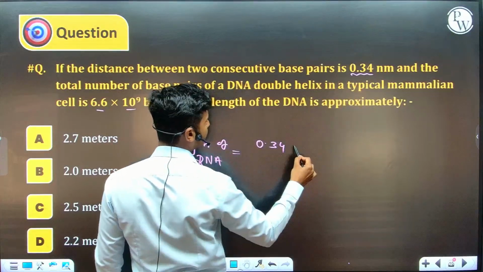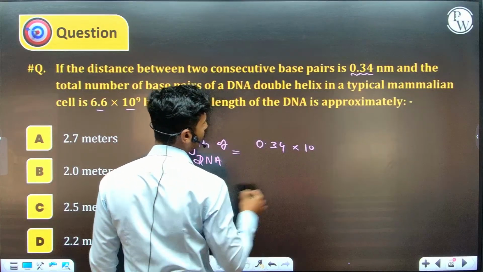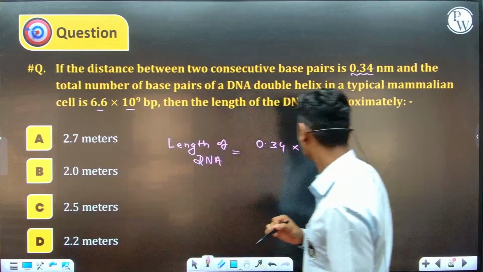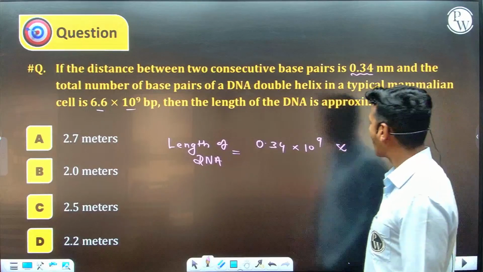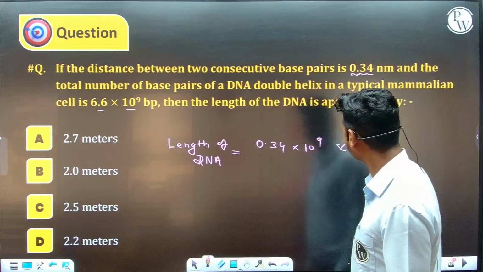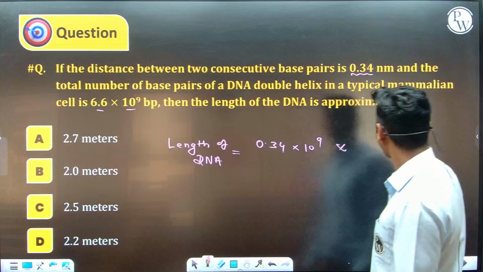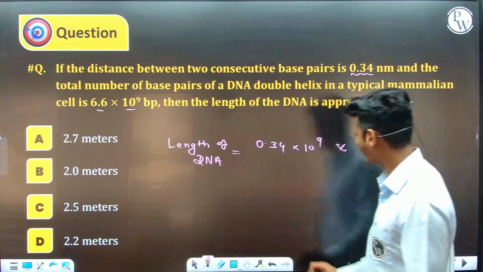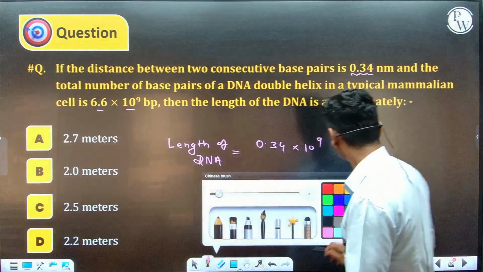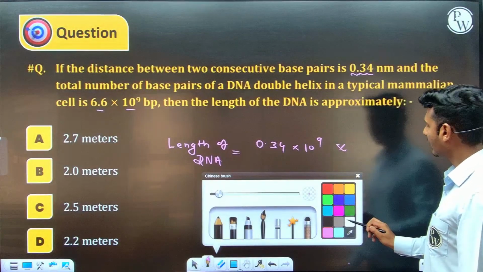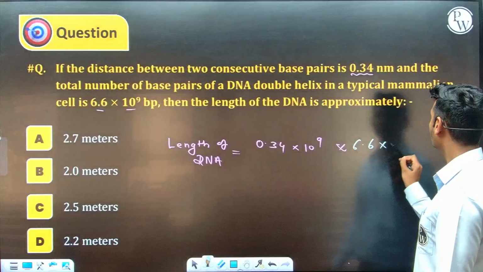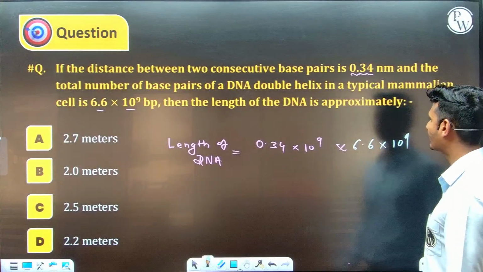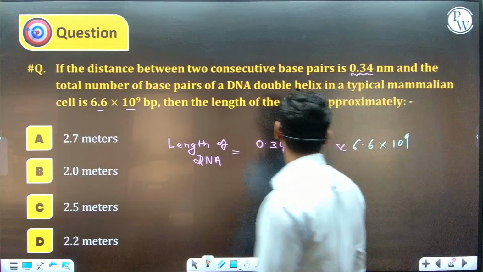Nanometer into meter is into 10 to the power 9. Yes or no? Yes. Now, if we calculate, then 6.6 into 10 to the power 9 base pairs.